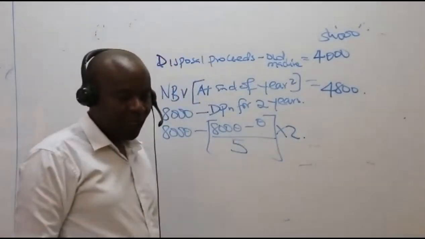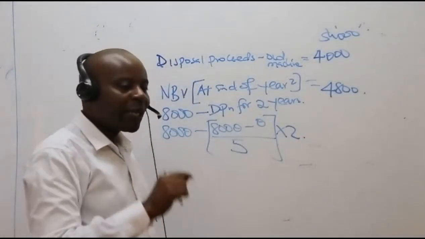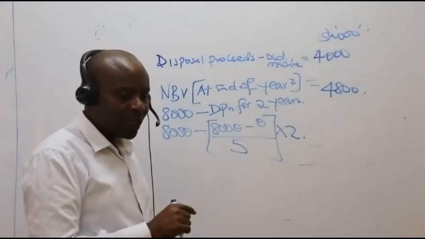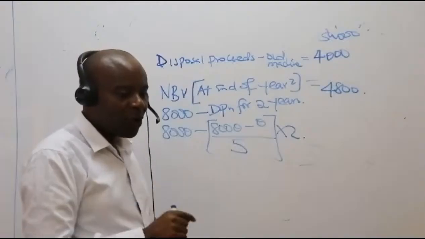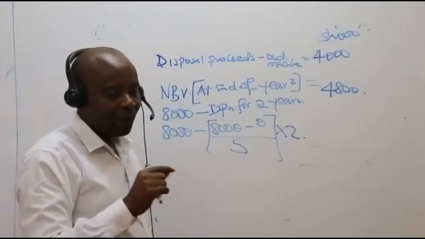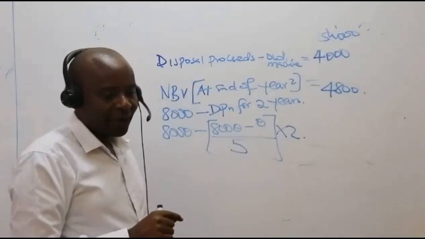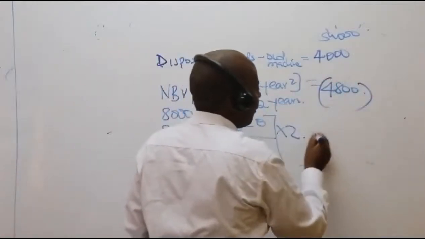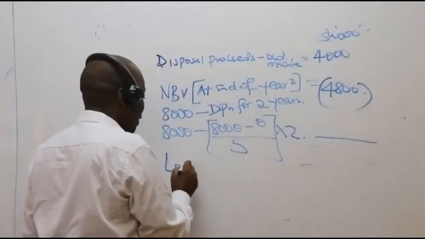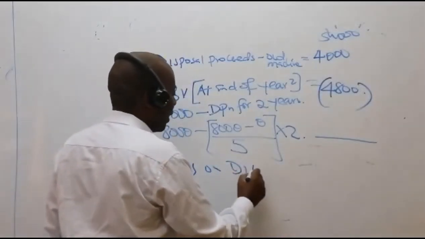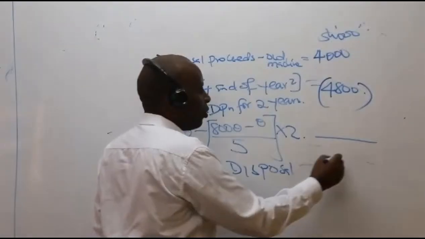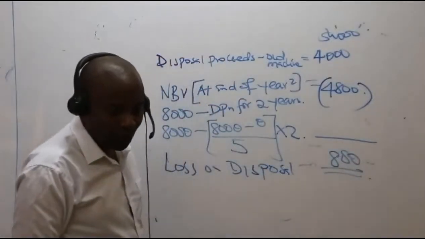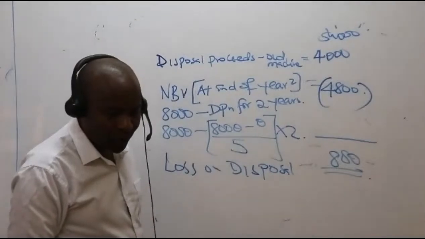So please check again. 3.2 is the accumulated depreciation. So 8,000 minus 3,200 gives us 4,800. So in this case, what do we have? We have a loss on disposal of 800.